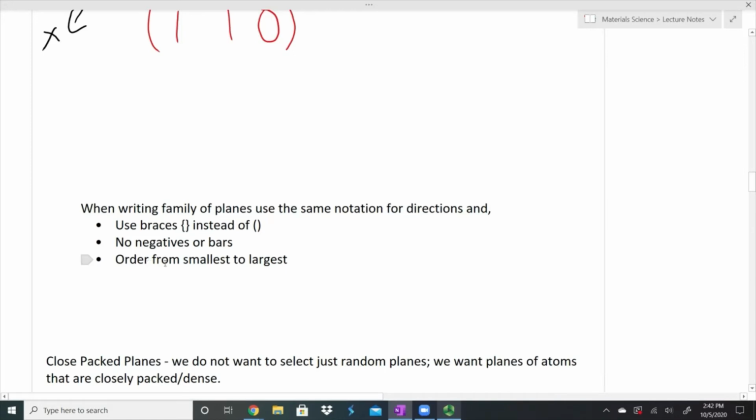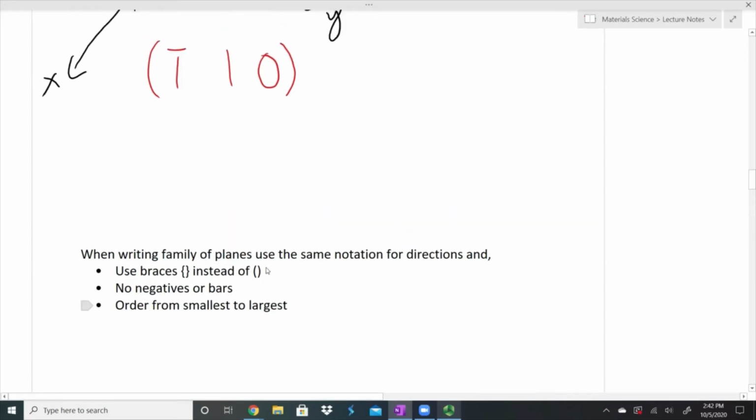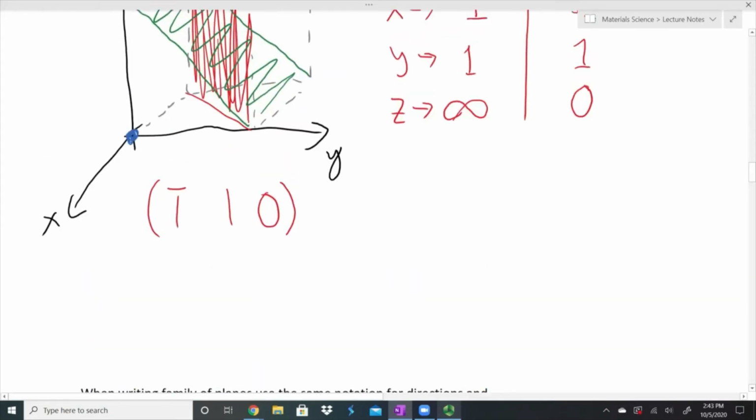And then we're going to order from smallest to largest. So in this case, it would go 0, 1, 1. I would make sure not to put my bar on either of those ones, and I would put my curly brackets on there. And that's all you have to do to say that this is a family of planes.